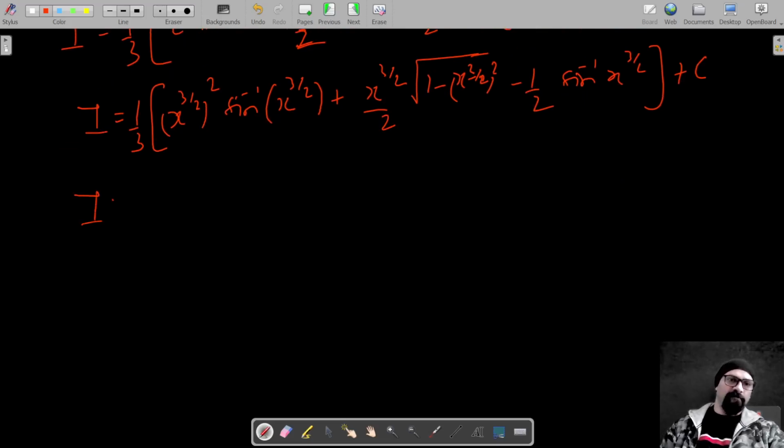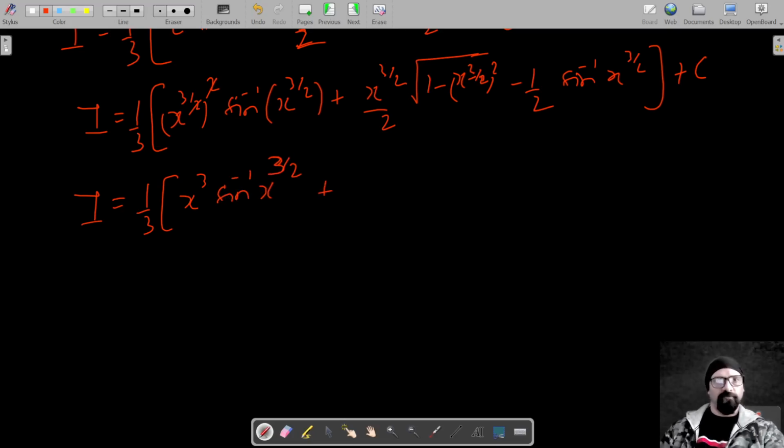Okay, simplifying this further gives 1 by 3, and this is now x cubed sine inverse x raised power 3 by 2 plus x raised power 3 by 2 and 1 minus x raised power 3 by 2 square gives me 1 minus x cubed.